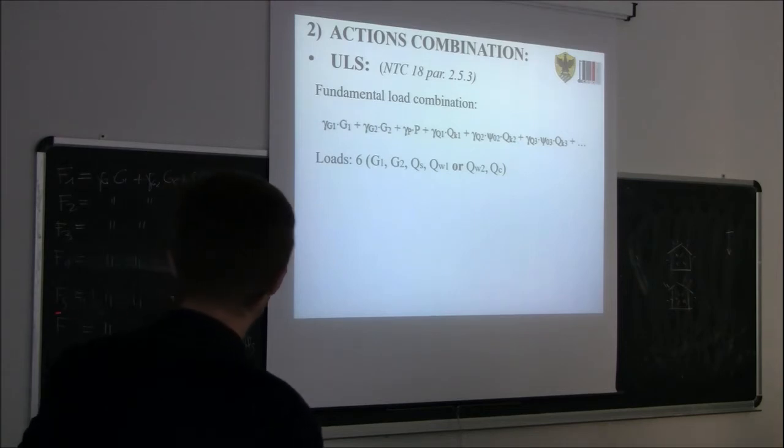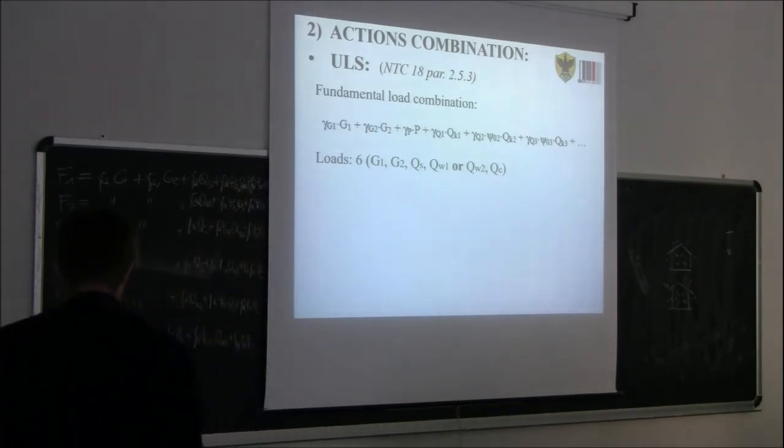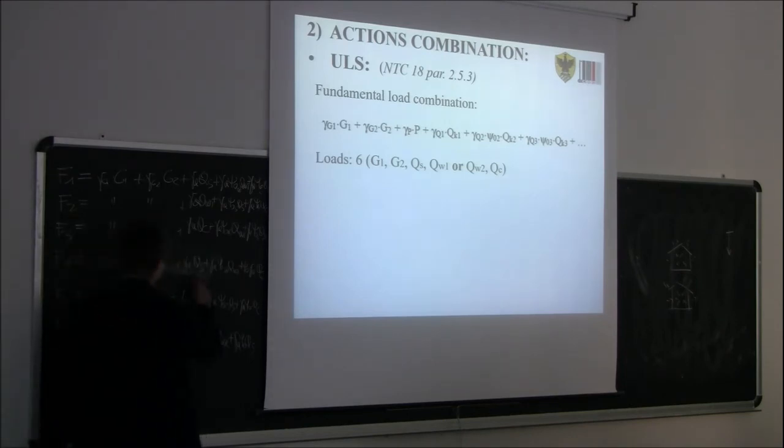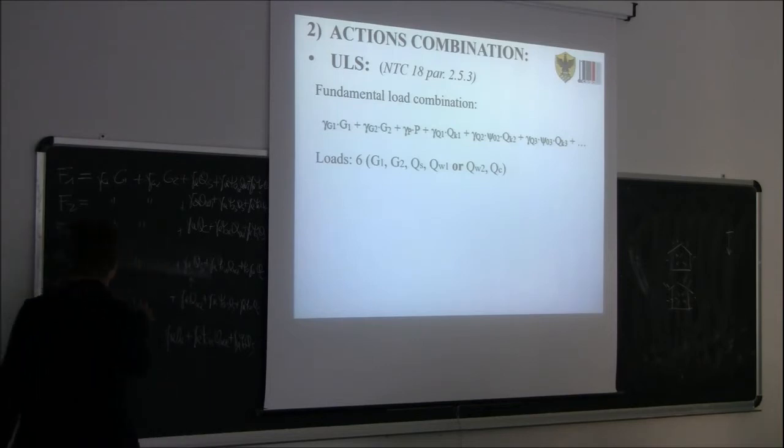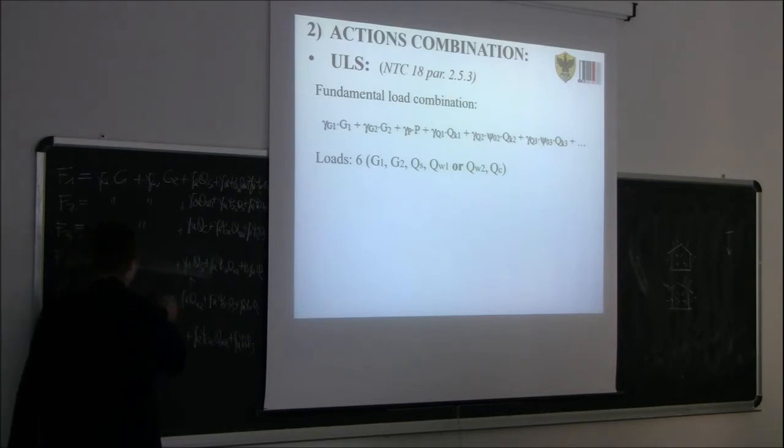So in this case, for example, let's talk about this load condition here, where we have QW as a basic load condition. Here, which coefficient should we put? So when we consider QW2, which is uplifting as a basic load, which value should we put here for gamma G1 plus gamma G2?